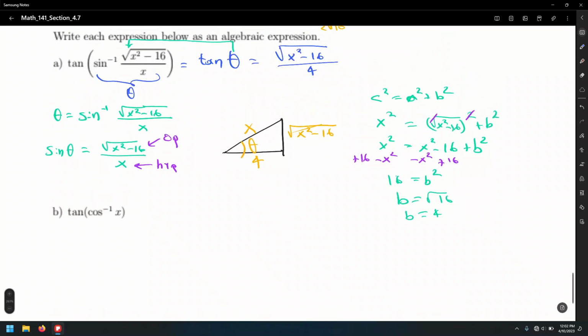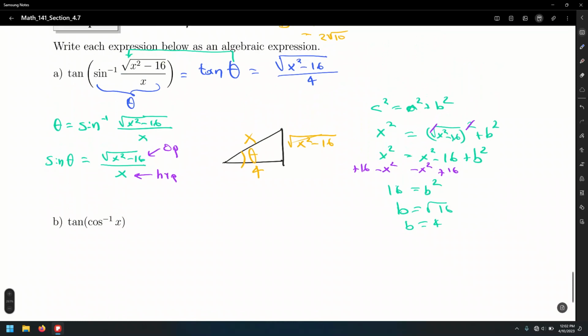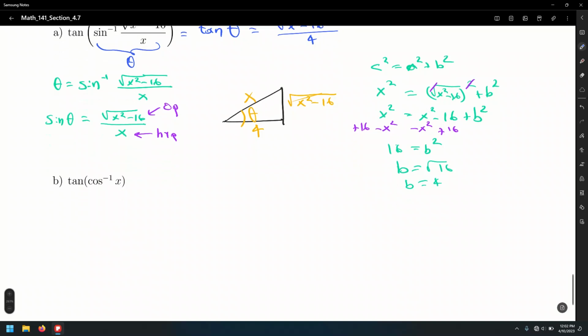Because otherwise, if this were also a sine, well, just cancel them out, right? However, no, there's a little trick about this.